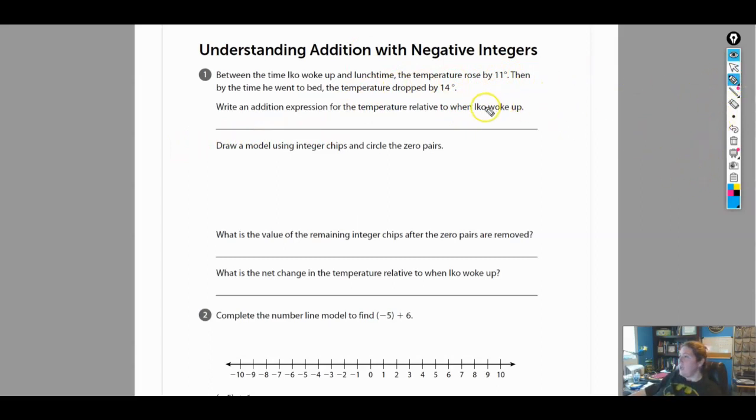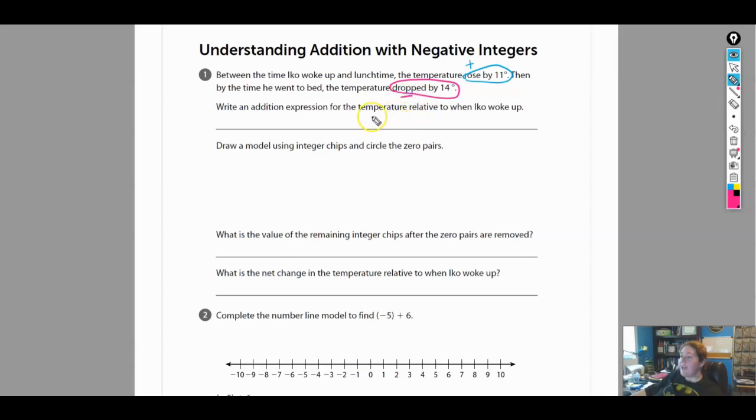1, if I know the temperature rose by 11 degrees, what does rose mean? Is rose going up or down? Rose is going up. What about drop? If something is going to drop by 14 degrees, what is that doing to the number? It's going down, so that's going to be negative.